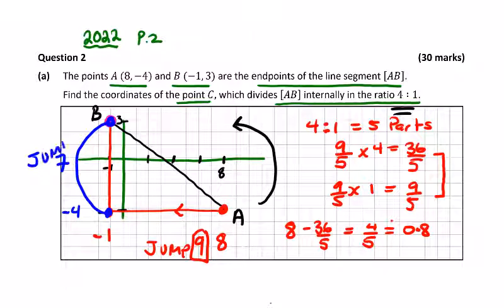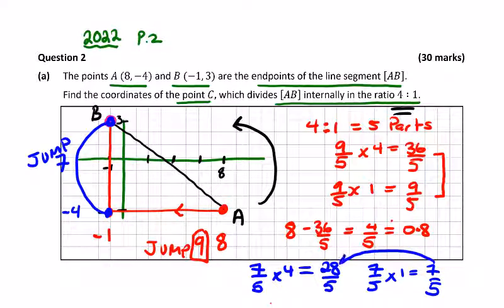I'm just taking my time. A jump of 7. So we want to jump 4 and then a 1. So each jump is going to be 7 divided by 5 parts times 4 will be 28/5 jumps. 7/5 times the 1 will be 7/5 jump, obviously. 35/5 is equal to 7.